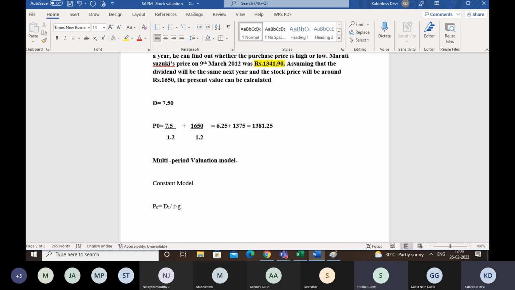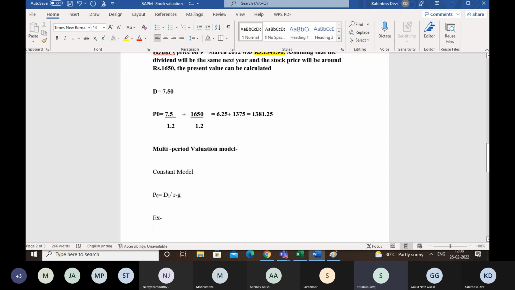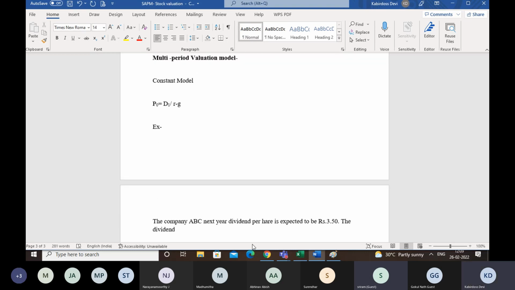These are all easy sums which you can do. Just take the example sum. The company ABC: dividend per share is expected to be rupees 3.50.